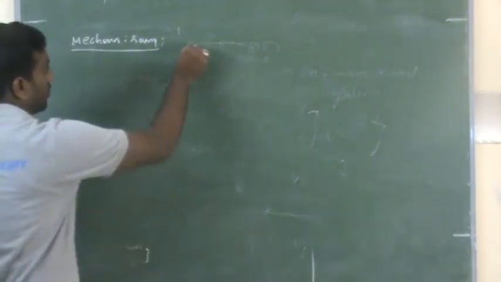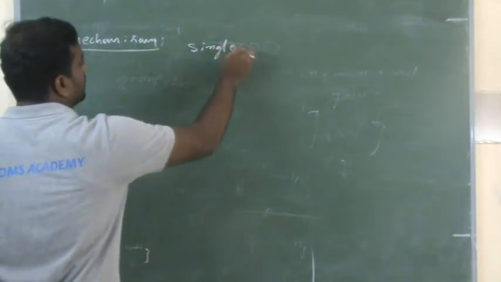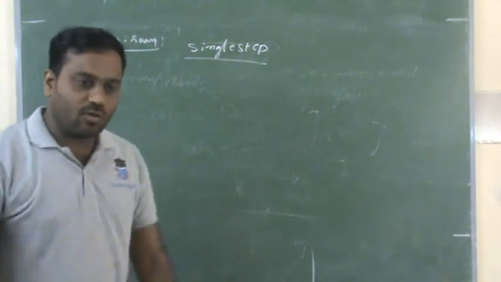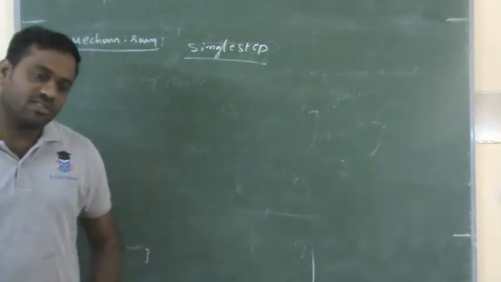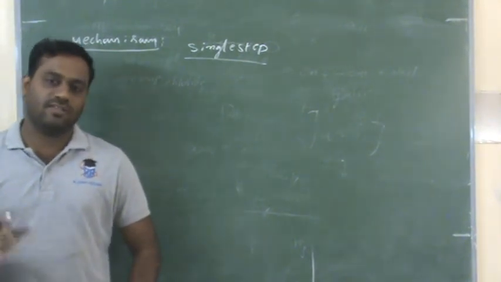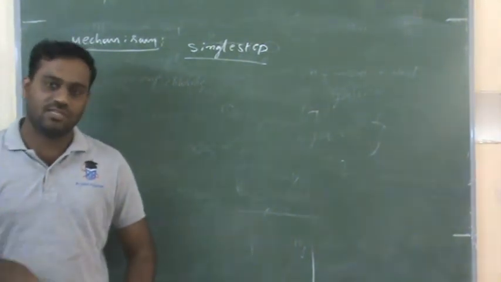Okay, single step mechanism. What is the meaning of single step? There is no intermediate. See, already we discussed: if there is no intermediate, is there any transition state? Yes, if there is no intermediate, there is a transition state.